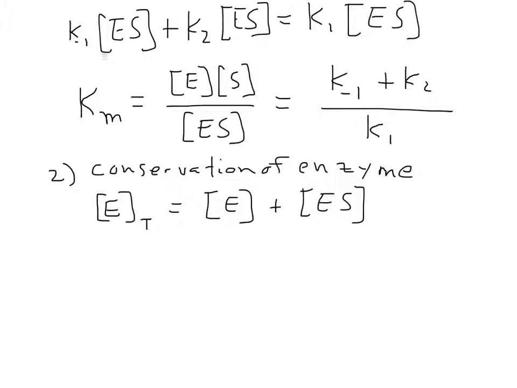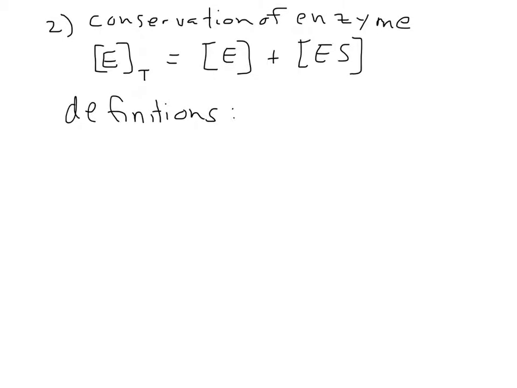Okay, before I go on, I want to make a few definitions. Now let's think about what we're trying to derive here in using this model. One of the things we're interested in is the total rate of the reaction, or actually the velocity of the reaction.